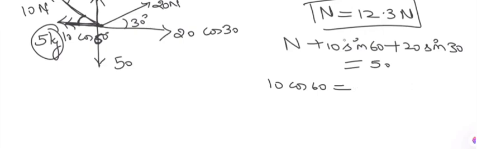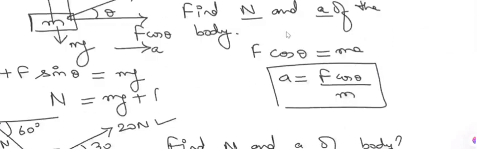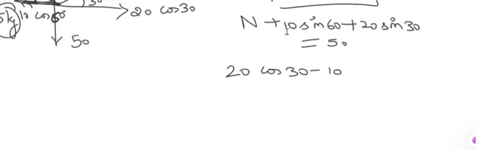But we do not have to write this. As I had told you, what you have to write is, you will write acceleration direction as positive, non-acceleration direction as negative, and then after that you will write cos 60, you will write equals to ma.